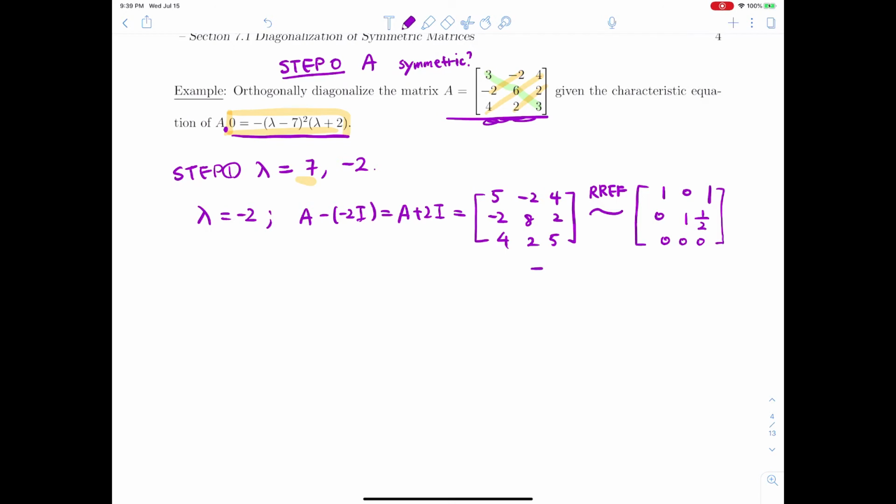So this tells you that x1 equals negative x3, and x2 equals negative 1/2 x3. The solution set for the homogeneous equation (A plus 2I)x equals 0 is negative x3, negative 1/2 x3, and x3. In other words, we get the eigenvector negative 1, negative 1/2, and 1.